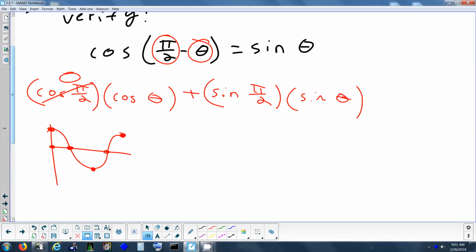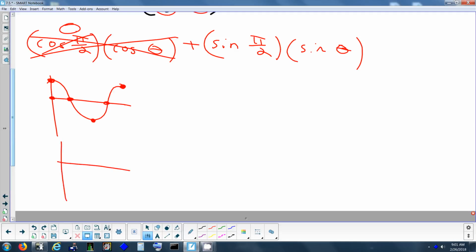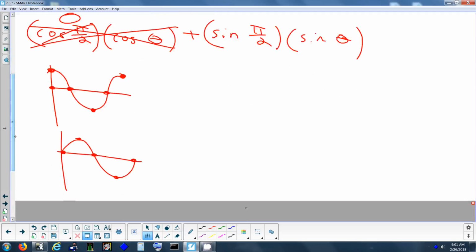So what's going to happen? 0 times anything gives you 0. So this whole part cancels out. Now all you're left with is sine pi over 2 times sine theta. Well, let's look at the graph of sine, marking all the quarter points. If you're looking for pi over 2, what would be the sine of pi over 2? Yeah, it would be 1.